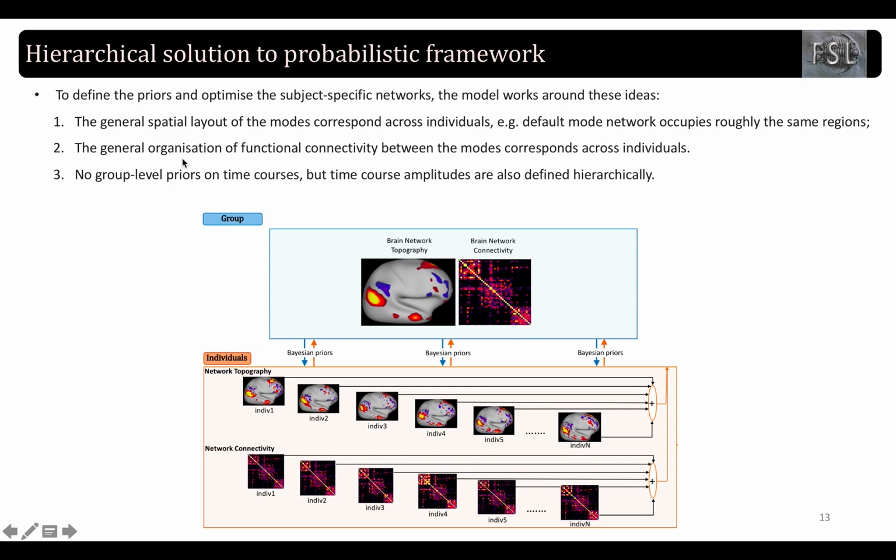Unlike these two elements, we do not define a hierarchy over the time courses, because in particular for resting state data that is unconstrained, we can't assume that the time courses are aligned across individuals. We will talk a little bit more about how the priors are defined for the time courses in the next slide.